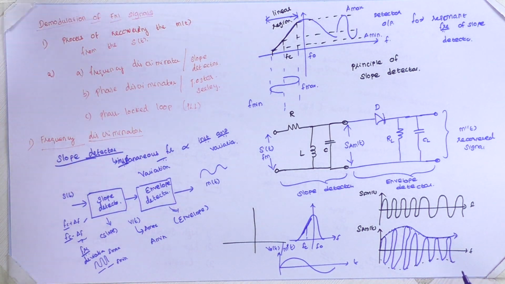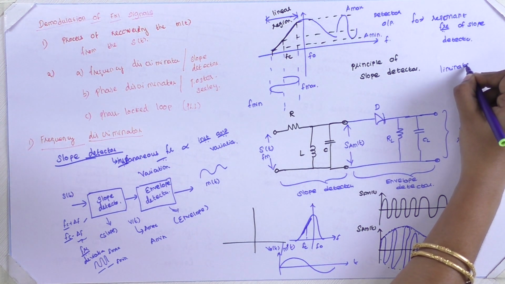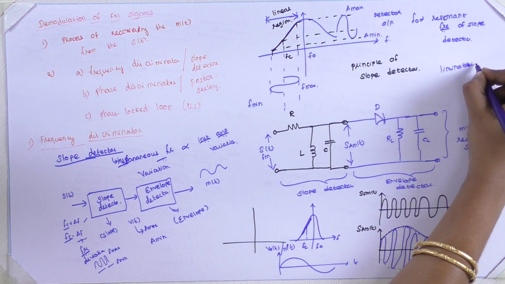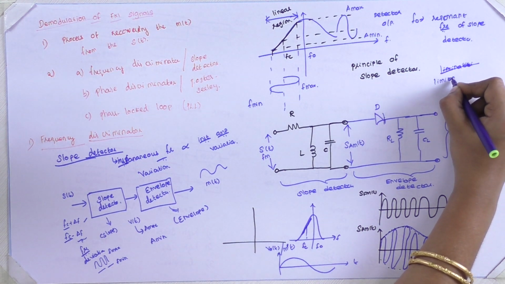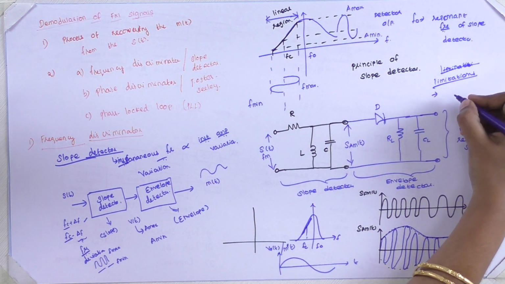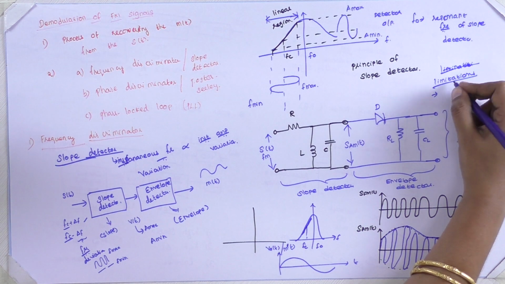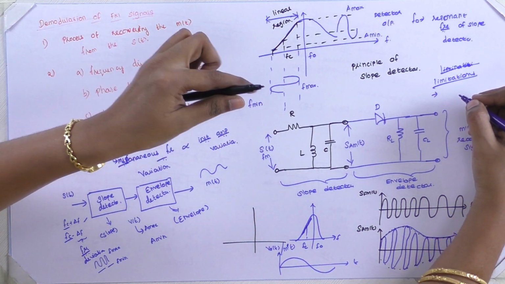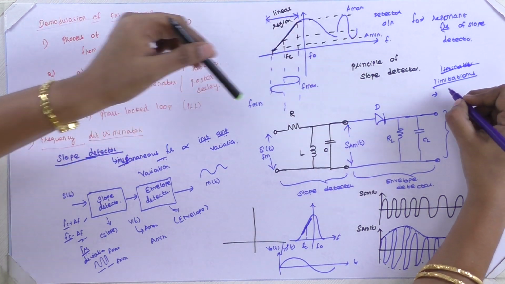What may be the limitations of the slope detector? It corresponds to spurious amplitude variations, because our instantaneous frequency is converted directly by the slope detector into amplitude variation.